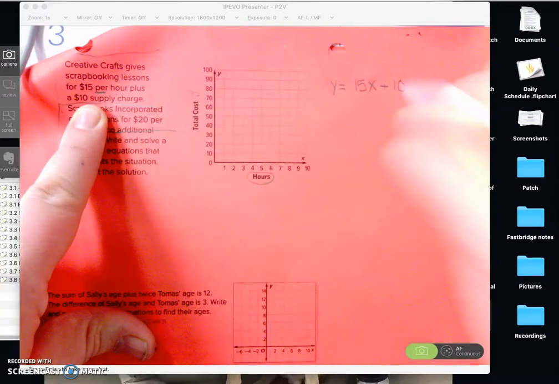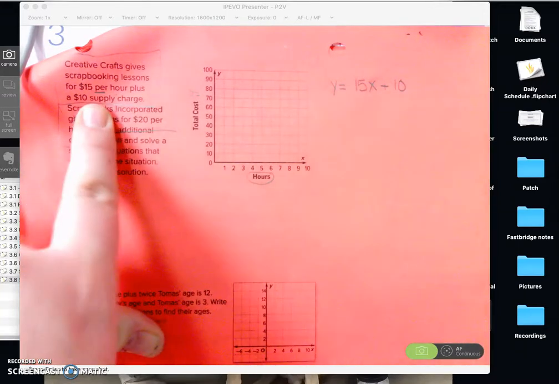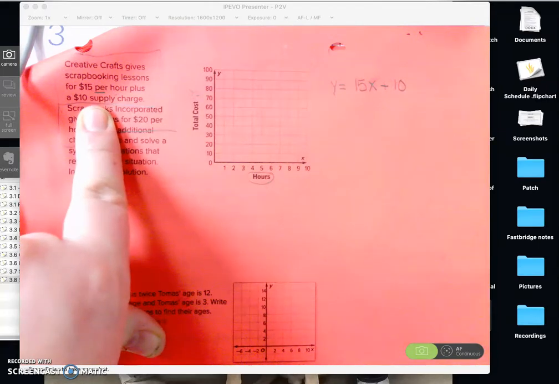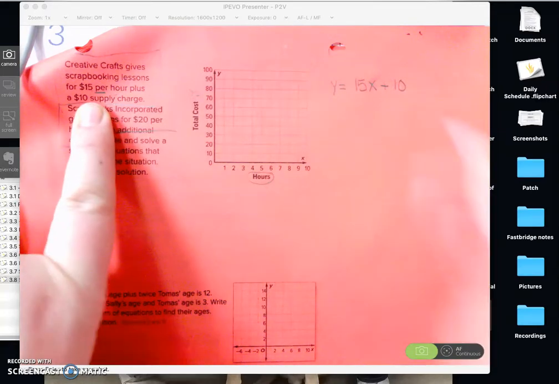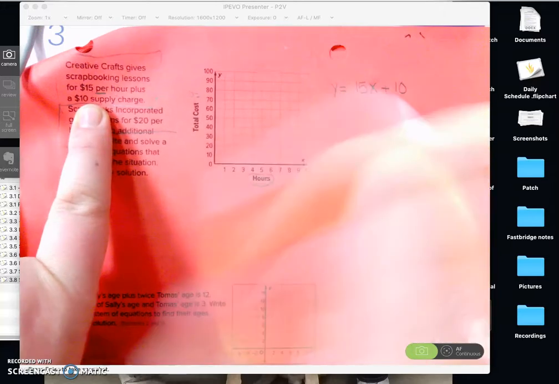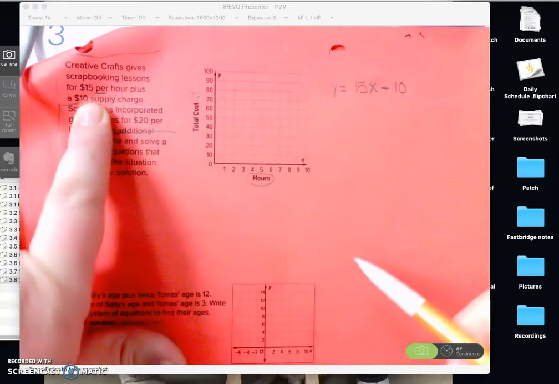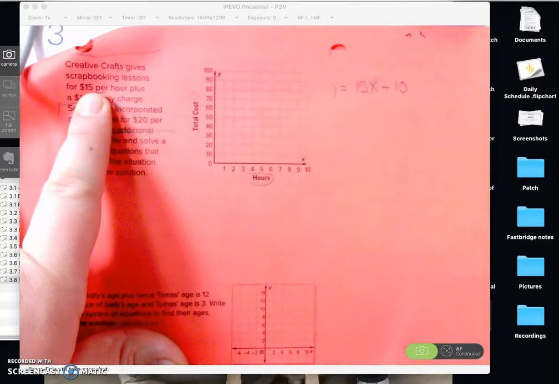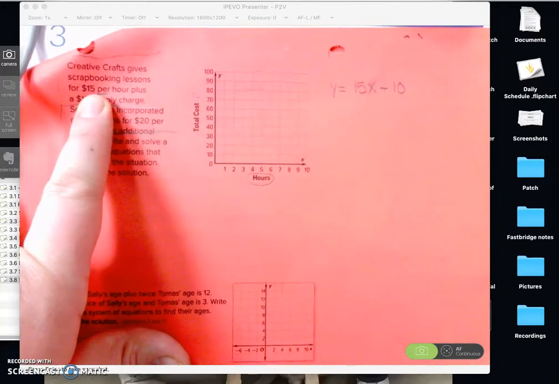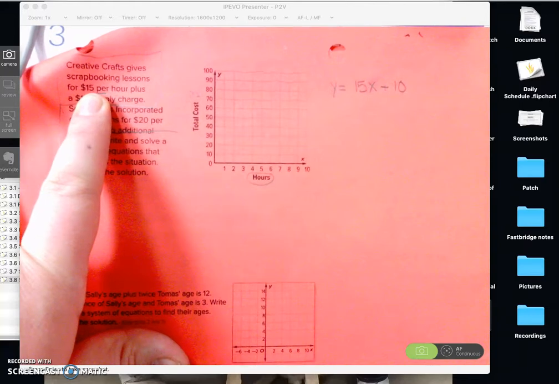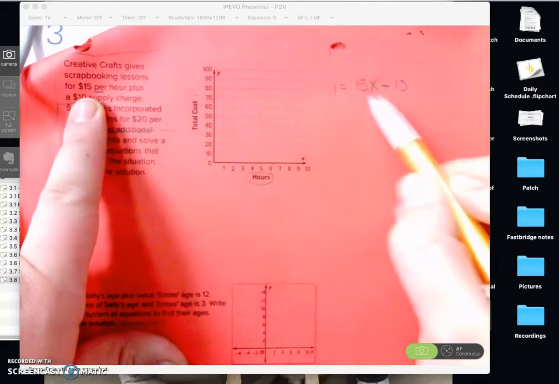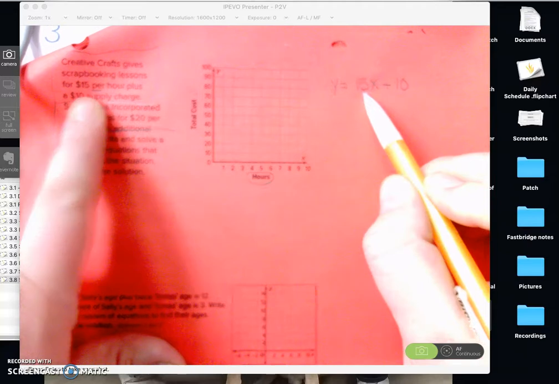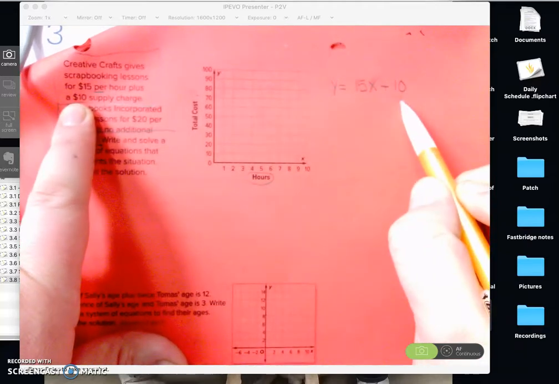So usually if they say a base rate or a monthly fee, that's going to be plus, if it doesn't have a per by it, like $15 per hour, $15 per gigabyte, depending on your word problem. But this one's per hour, so we're going to multiply every hour times 15, but we still have to add that $10 in.